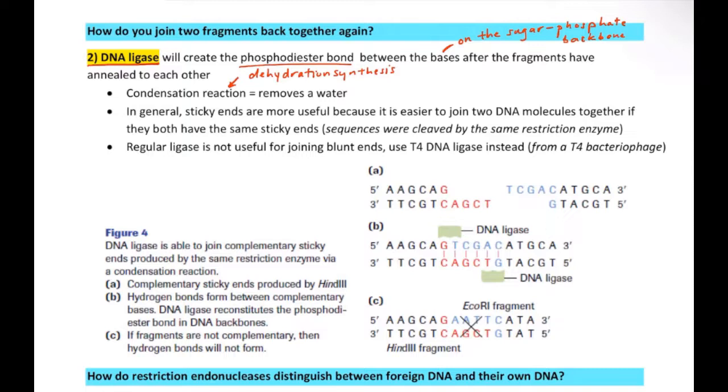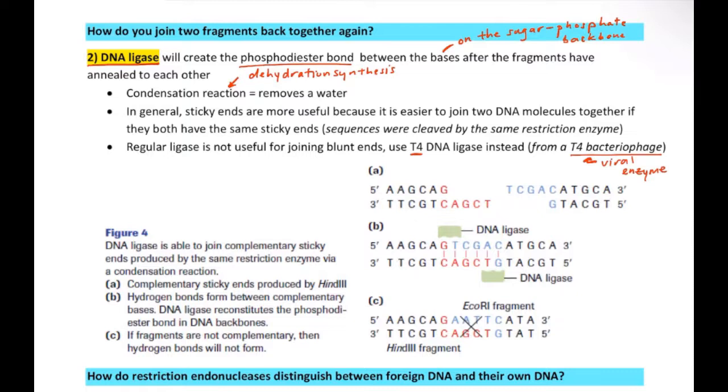So instead, the researchers have figured out that this T4 version of the DNA ligase, T4 meaning from a T4 bacteriophage, which is a viral enzyme that they've stolen, they can use that to put the blunt ends together because they don't have any hydrogen bonds holding them together. So you have to hold both strands and seal at the same time. It's kind of the idea.